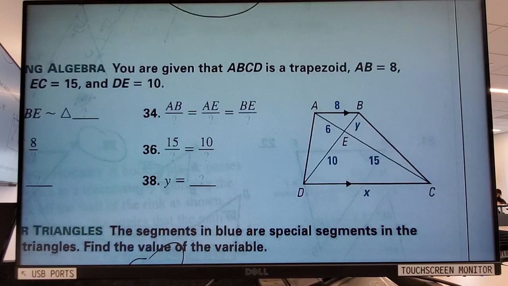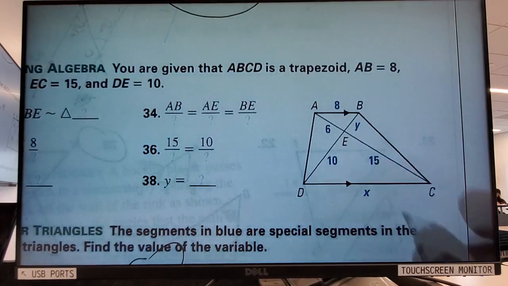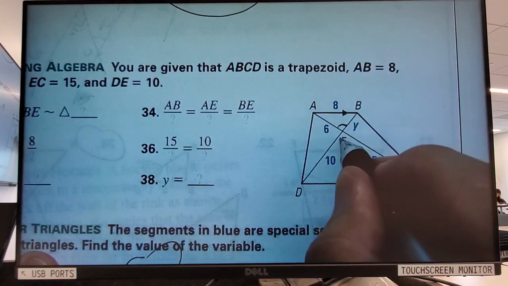Yeah, CDE, right? I'm not being careful with my letter placement, but I can identify the triangle. I'm talking about that lower triangle, CDE, because what do they have? Vertex angles. So between these two triangles, I know that these are congruent here.